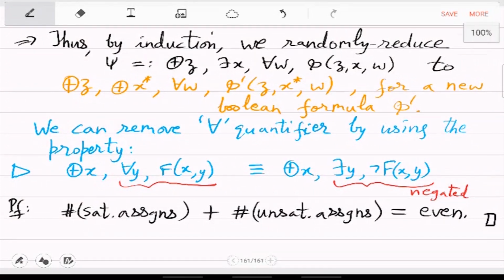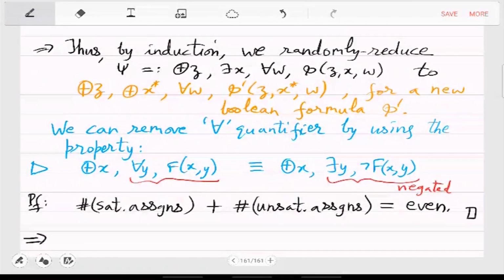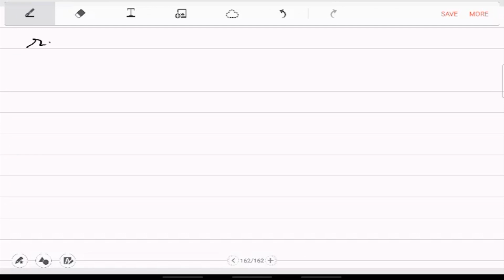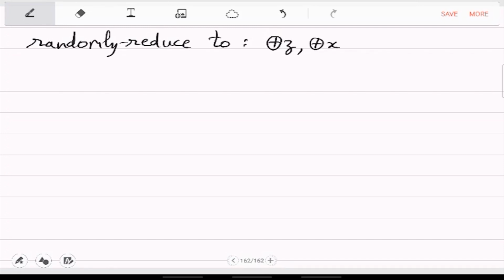So by this sequence of transformations, we randomly reduce to parity Z, that's the same original Z variable, then X star, W star, and a new Boolean formula phi prime prime.